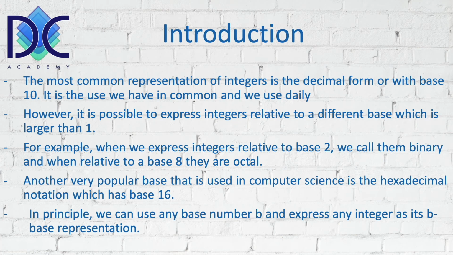Basically, we could use any number for the base. We can use a base number b. b has to be larger than 1. And for every integer, we can define the b base representation.